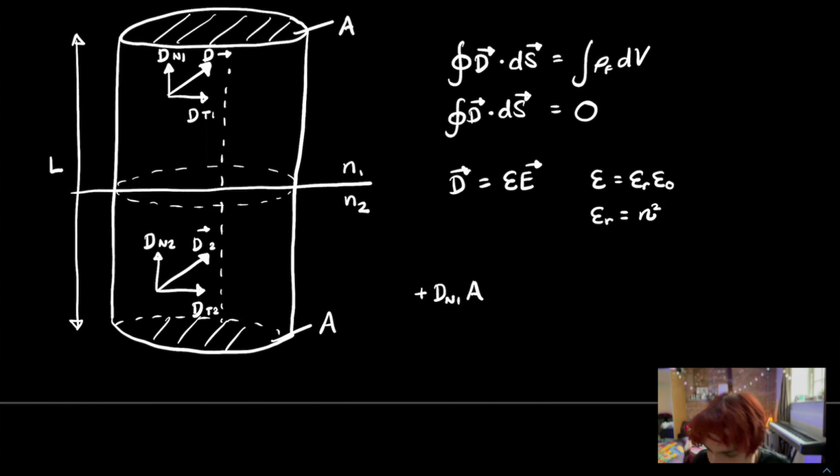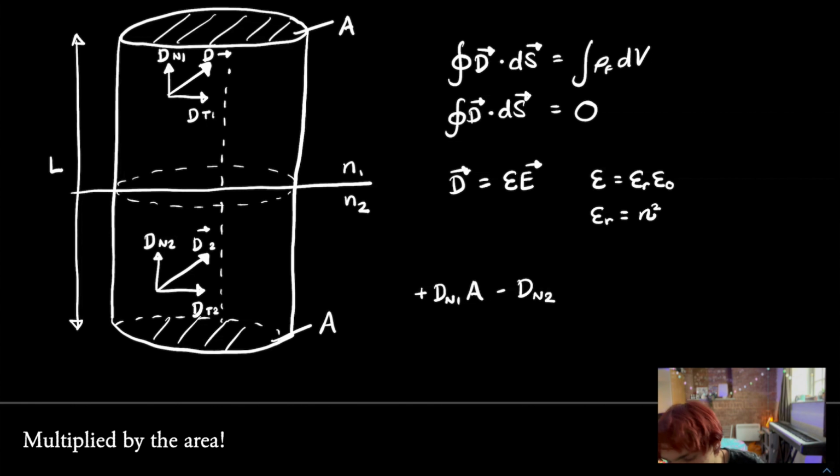That's our first contribution. But we're also going to have a flux going in this direction from the bottom. Because it's going up from the bottom into the surface, this will actually be a minus term, for the dN2. So those are our first two terms.